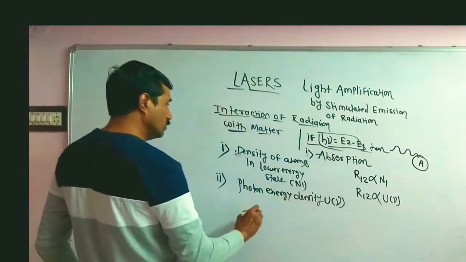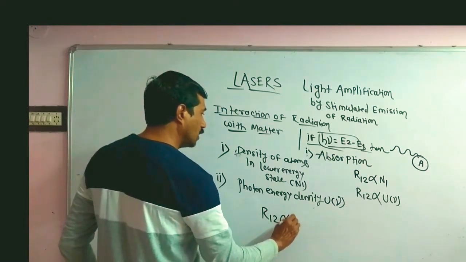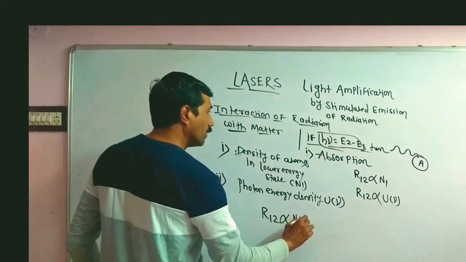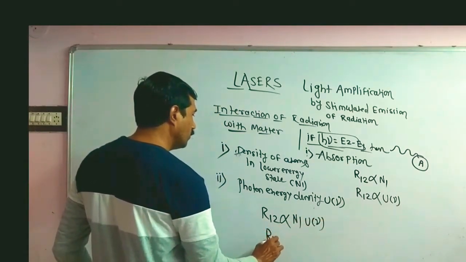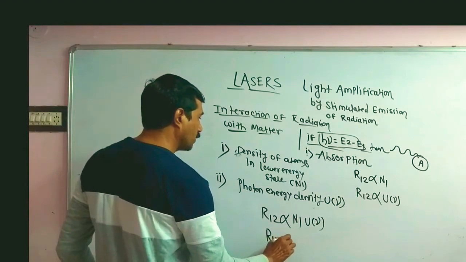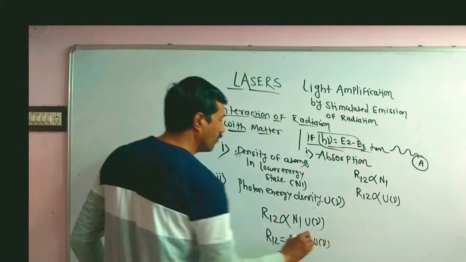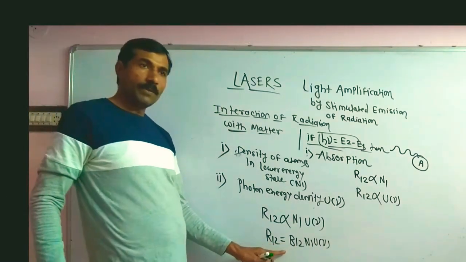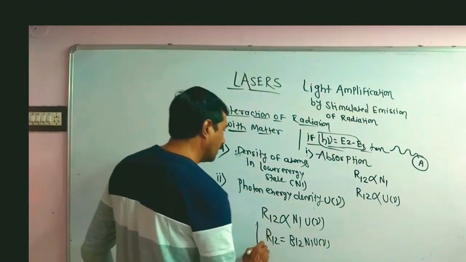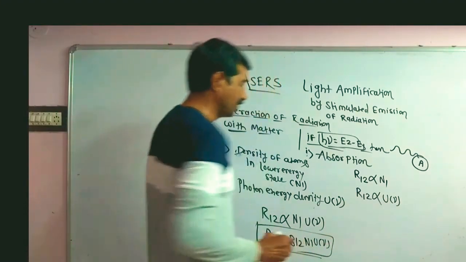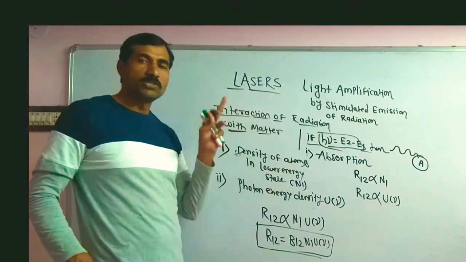So R12 is directly proportional to N1 U of nu. With some proportionality constant B12, R12 equals B12 N1 U of nu, and this is the rate of absorption for the absorption process.